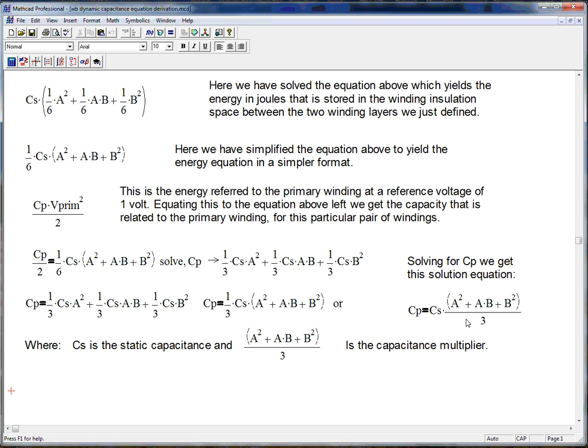Finally, we arrive at this, which is the end equation. Here's the multiplier we talked about and used. There's C static. Here's CP, which I call CEP in the presentation. In fact, here they are defined right here.